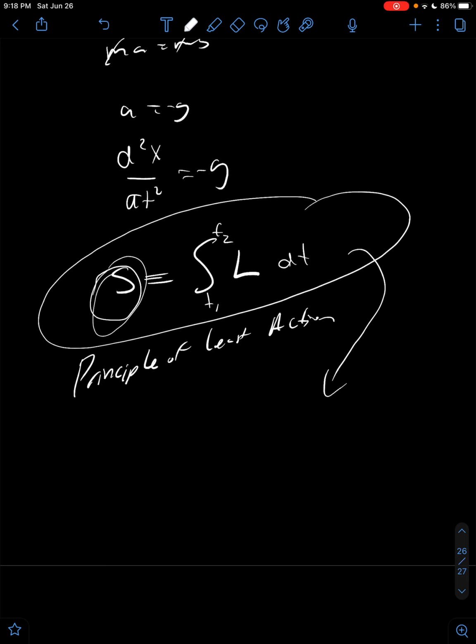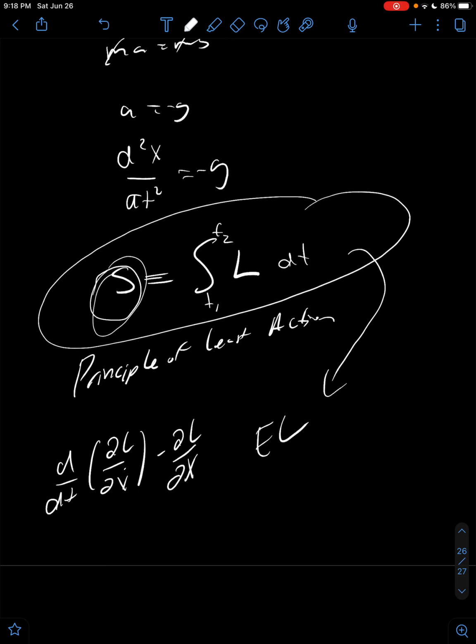And from this principle, we can actually derive the Euler-Lagrange equation. I'm not going to show the derivation today, but you can derive it from this principle. And the really cool thing is that for different systems, the action looks different. Like in general relativity, you have the Einstein-Hilbert action.